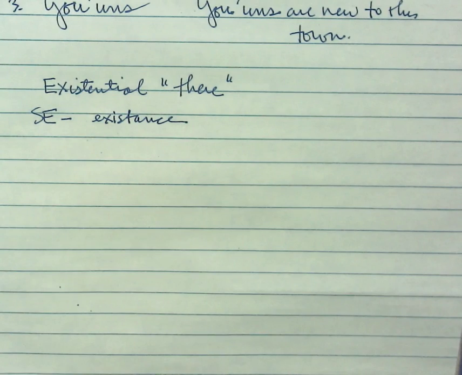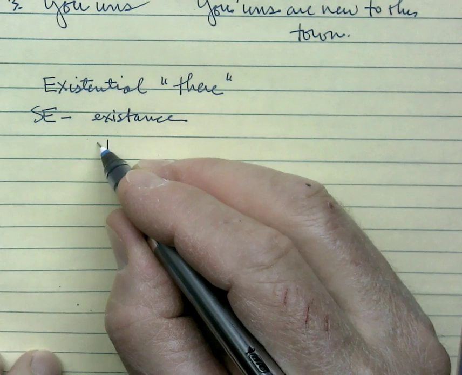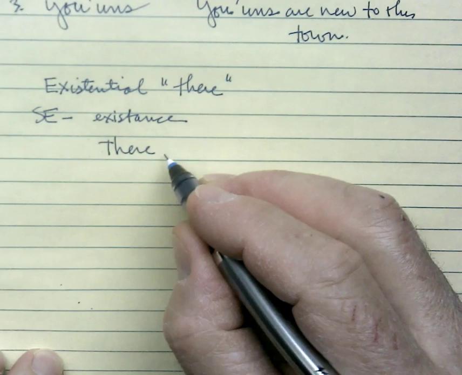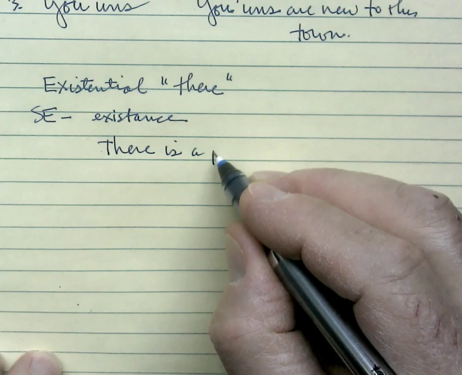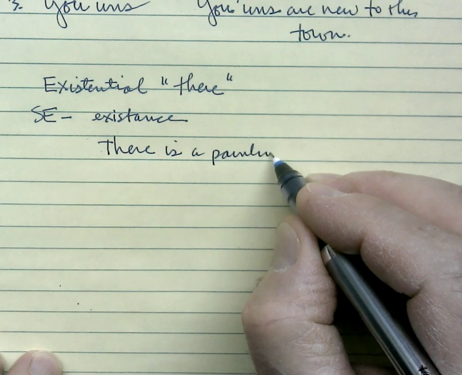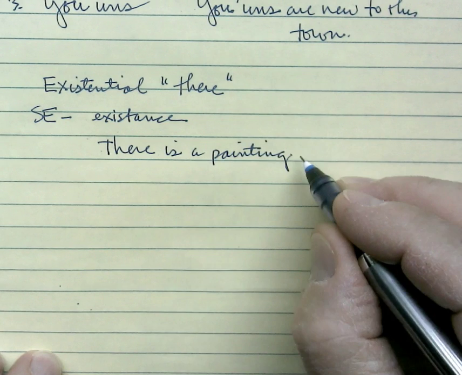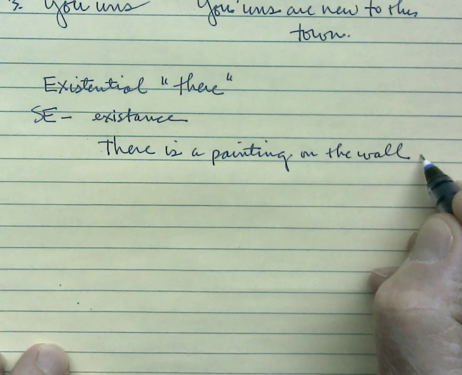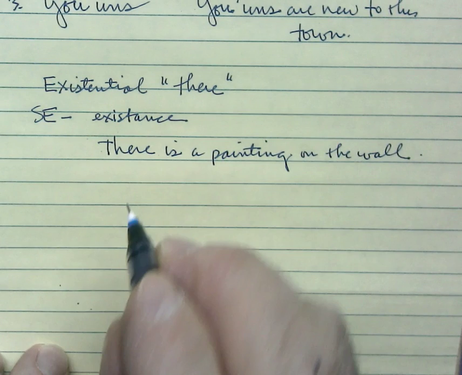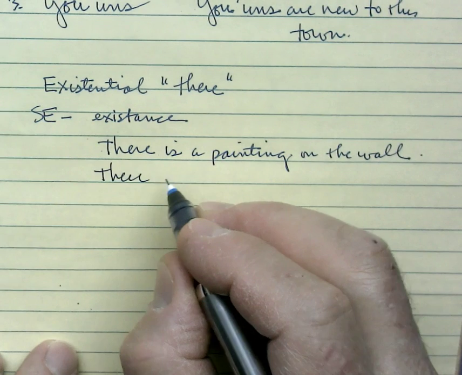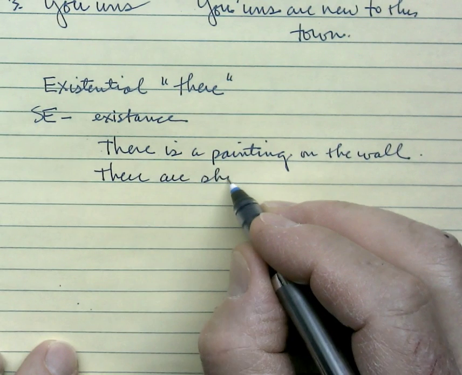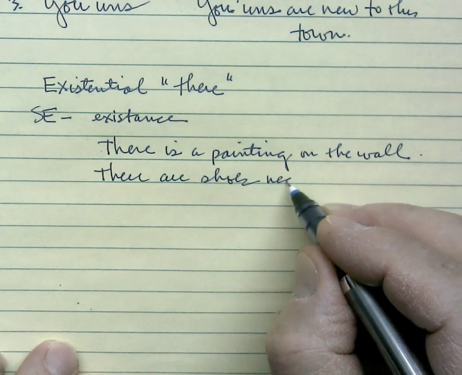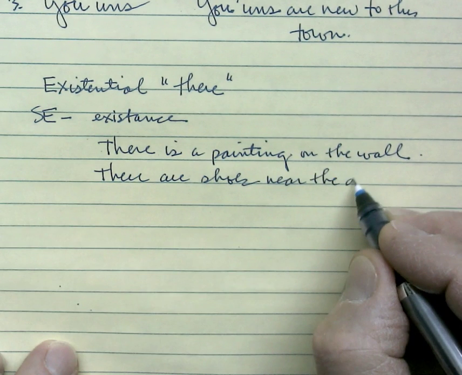So, for example, Standard English says, there is a painting on the wall. There are shoes near the door.